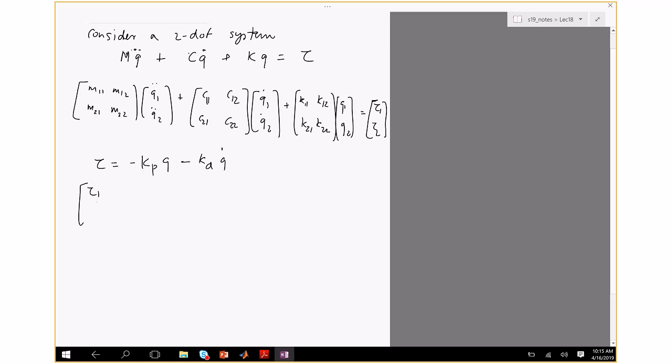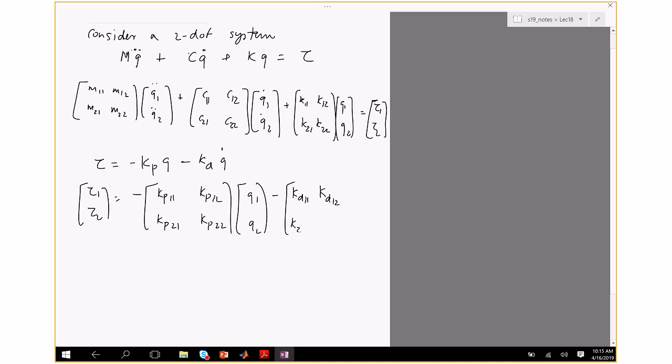It will look like this: minus Kp11, Kp12, Kp21, Kp22, times Q1, Q2, minus Kd11, Kd12, Kd21, Kd22, times Q1 dot, Q2 dot.